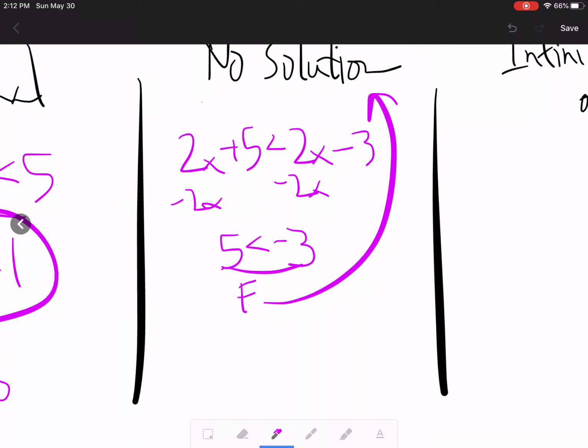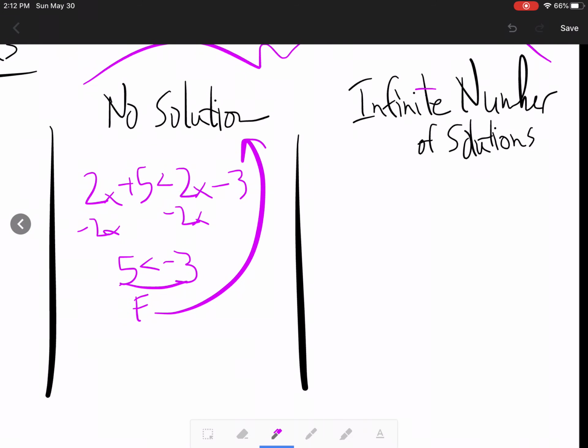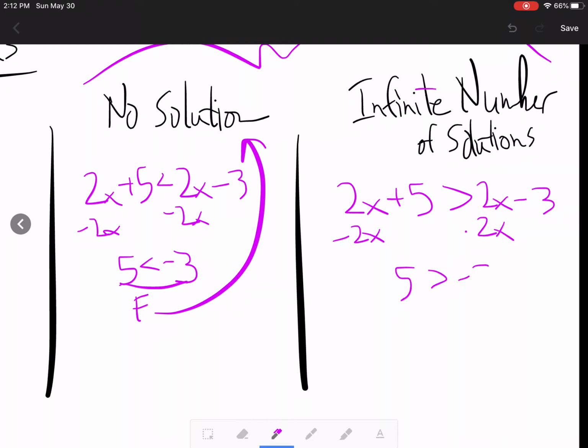But now let's keep it very similar. 2x plus 5 is greater than 2x minus 3. Subtract 2x from both sides. 5 greater than negative 3. This time, this inequality is true. And since it is true, I'm going to have an infinite number of solutions.